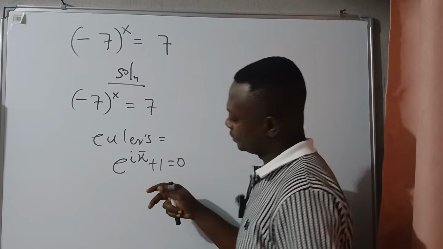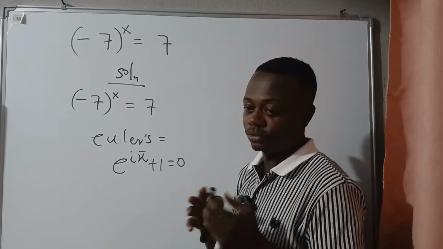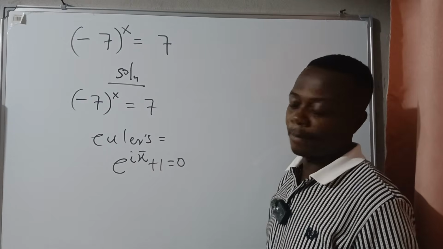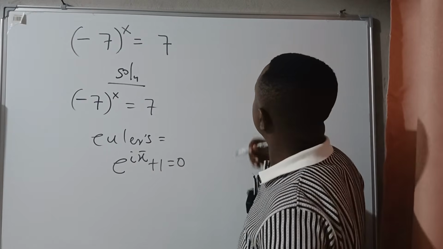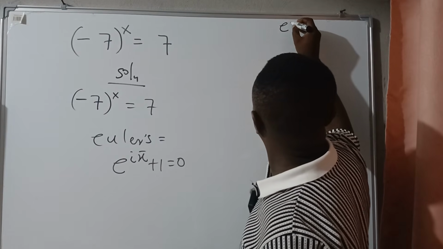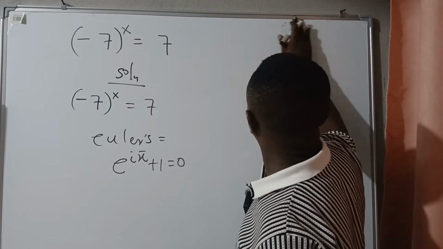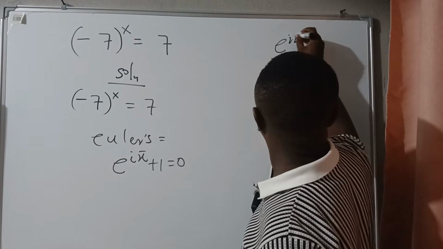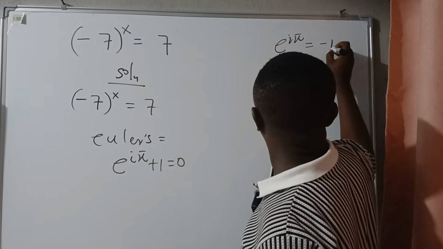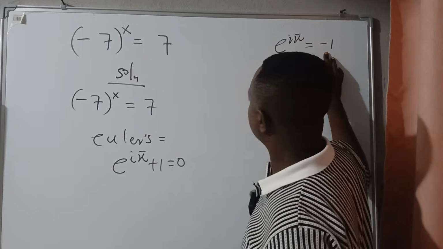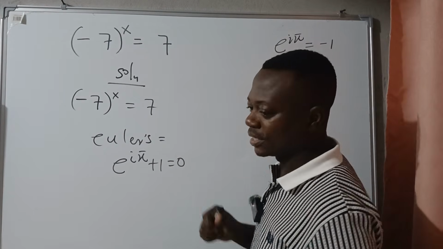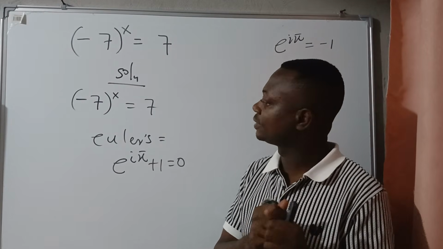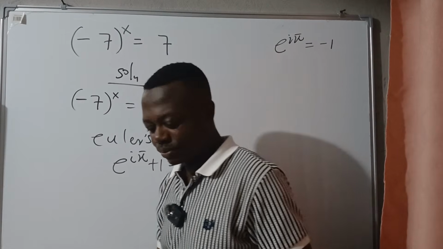Now if I try to make e^(iπ) the subject, this side will be minus 1. So we have e^(iπ) = -1. It means where we see negative 1, we can put e^(iπ). So we are going to manipulate this one here.